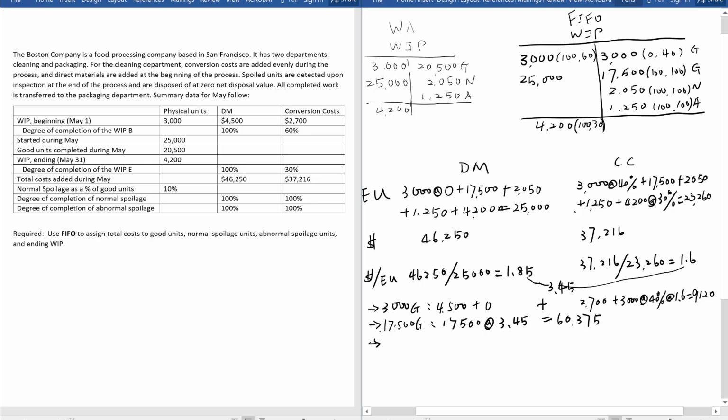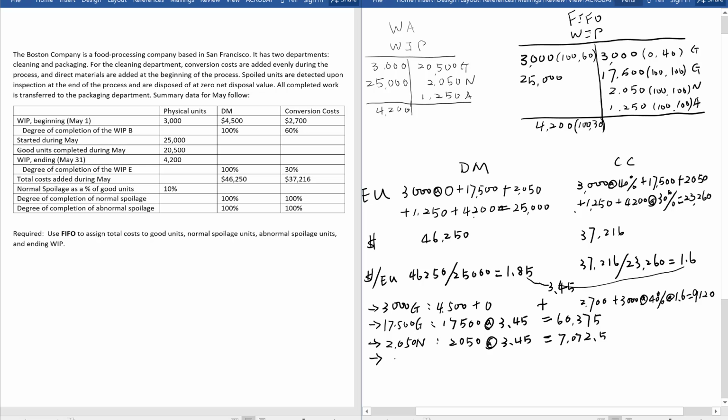Costs assigned to normal spoilage 2,050 are 2,050 times 3.45, equal to 7,072.5.